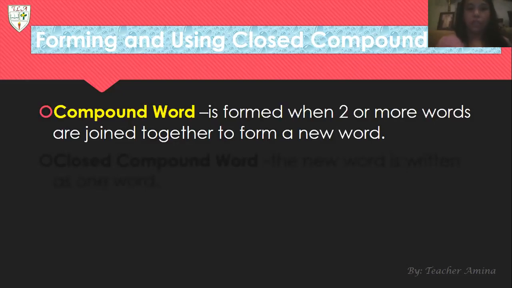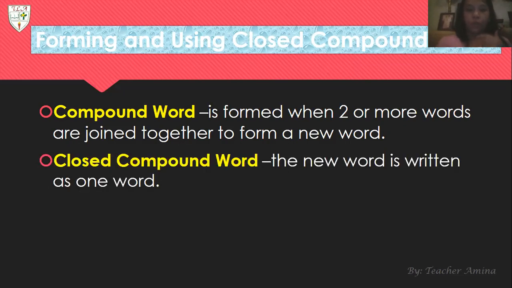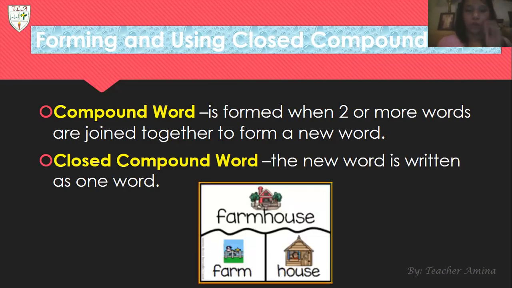A compound word is formed when two or more words are joined together to form a new word. When the new word is written as one word, it is called a closed compound word. For example, we have farmhouse. That's a compound word. It's a closed compound word because it is one word.